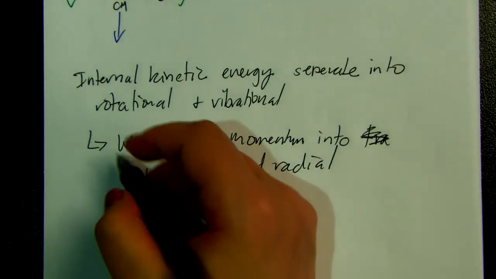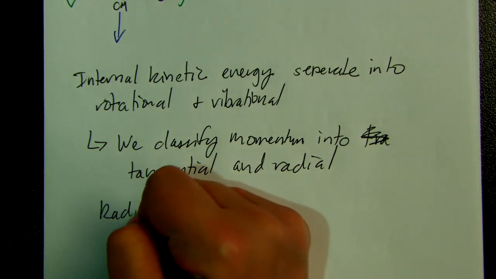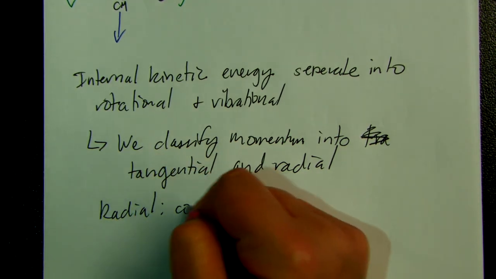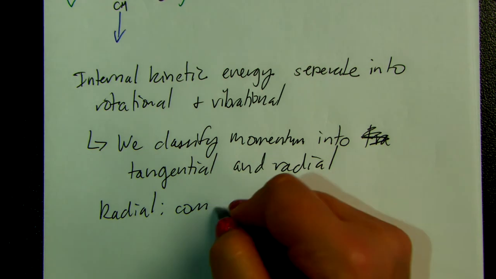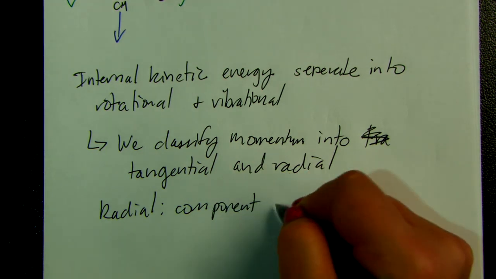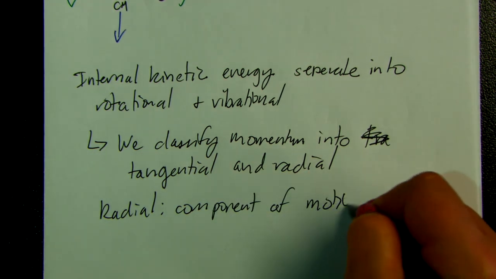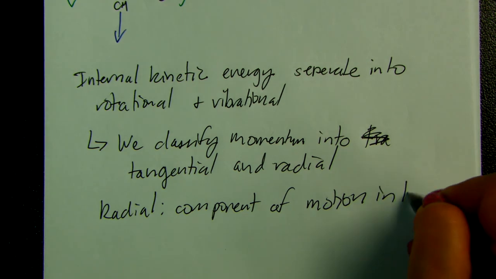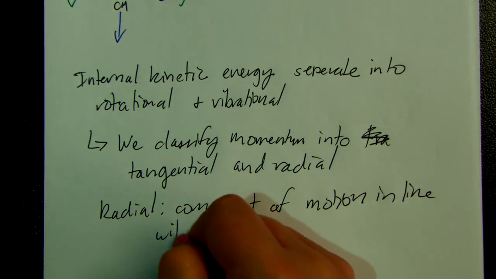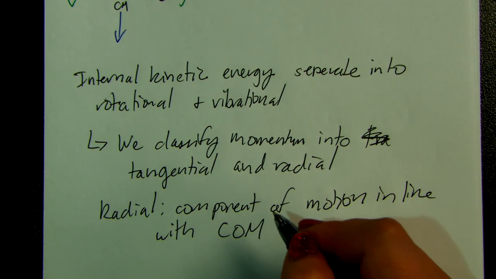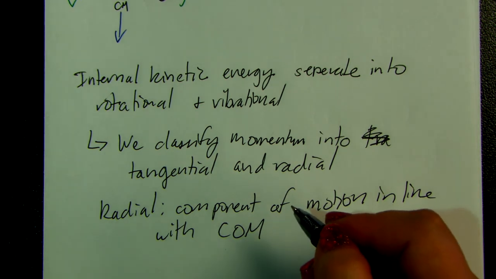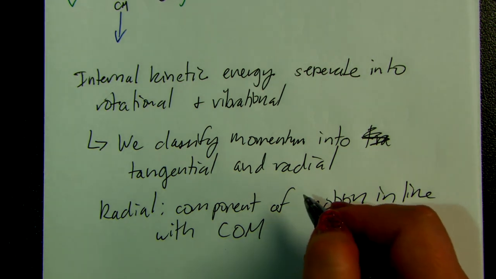So radial is the component of motion in line with the center of mass. And I'll draw a picture here in a moment.